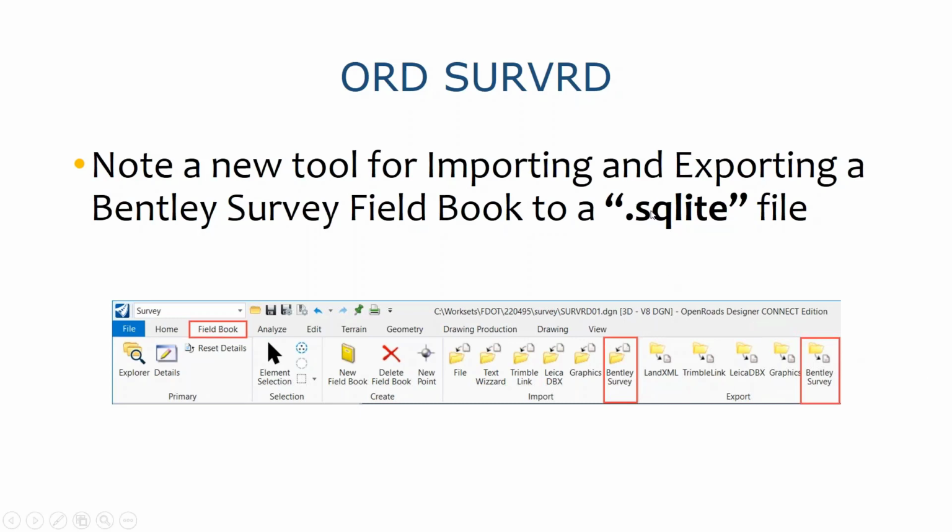And these are really good in that you can export and import the Fieldbook in its entirety, and that was not true with the XML, or the LandXML file that they had as an option in SS4.